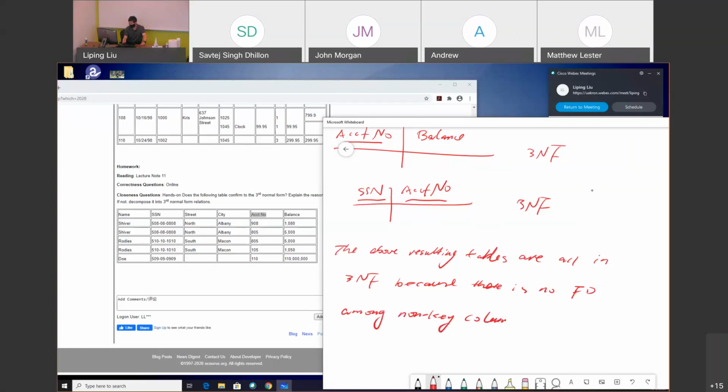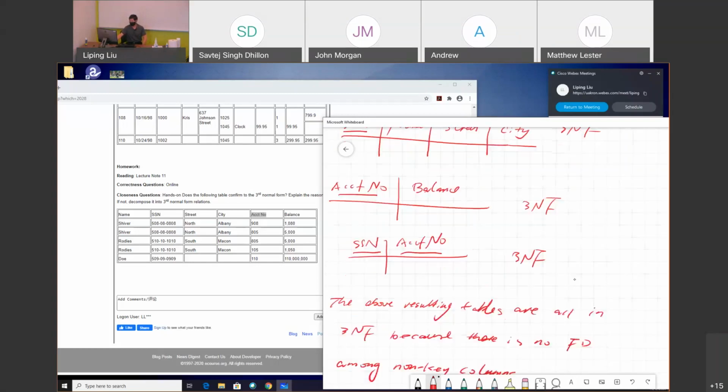So we're using the alternative definition on the columns, okay? Or you can say there are no transitive functional dependencies. There we go. So this is how we can do this question.